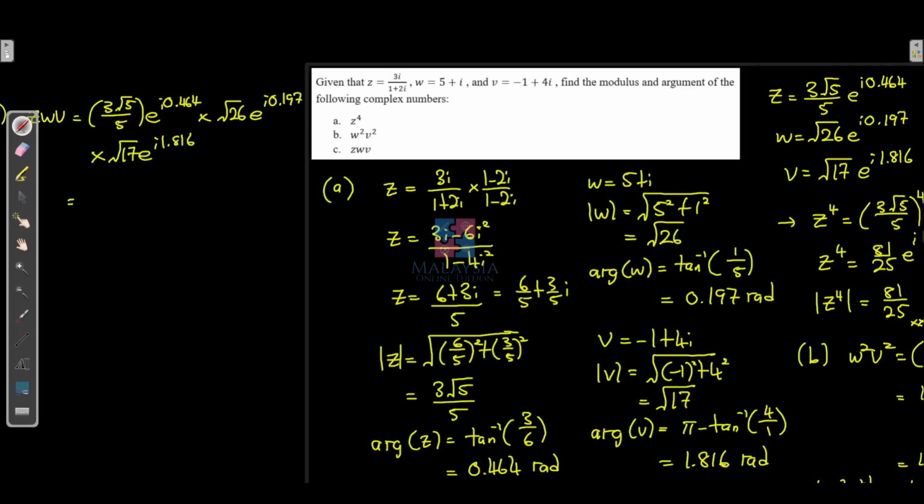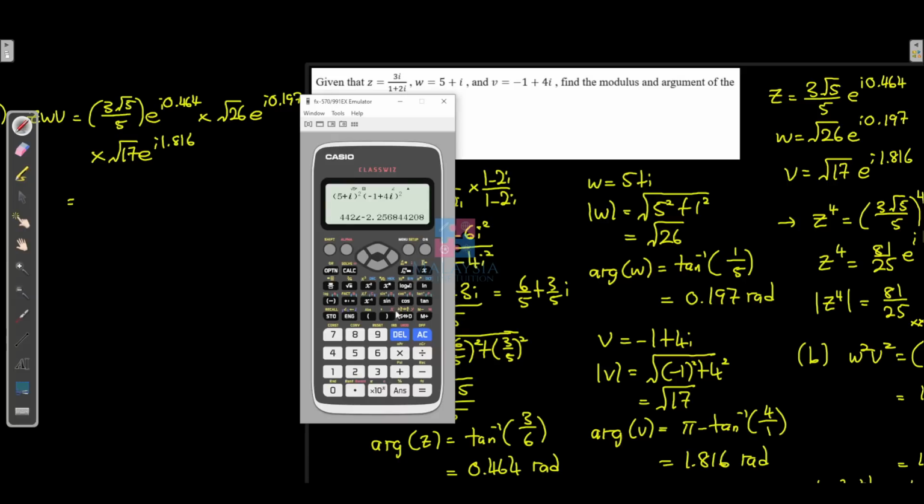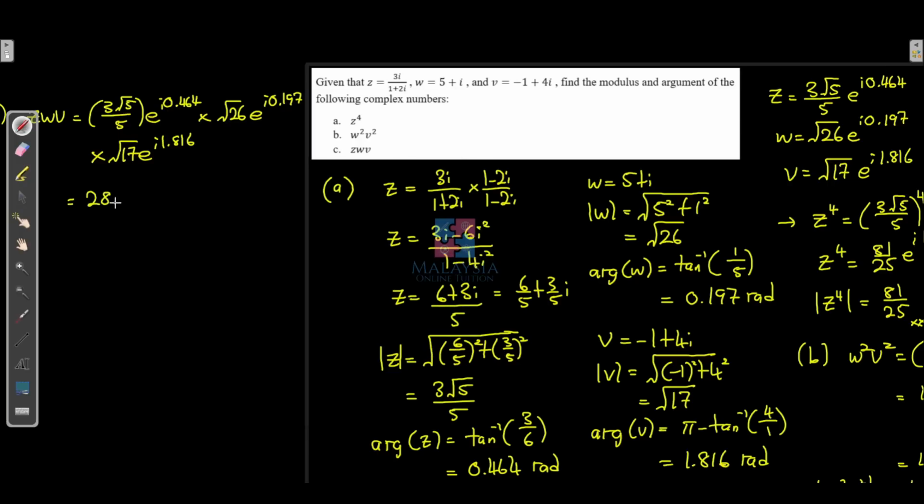So what do we get? Not 442, sorry, square root 26 times square root 17 and then times 3 square root 5 over 5. We get 28.2. Just write it like that.